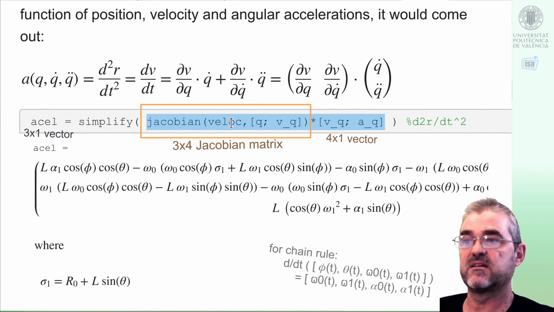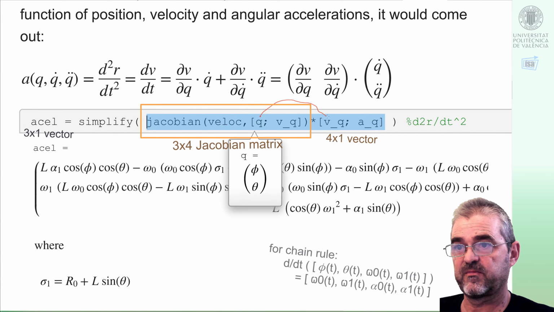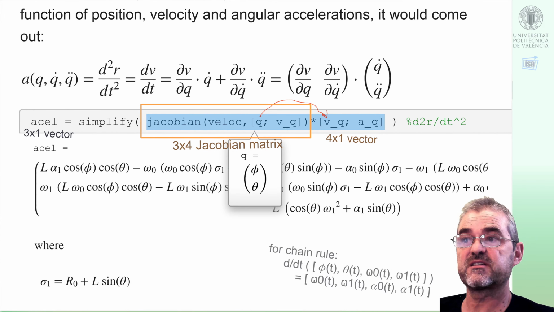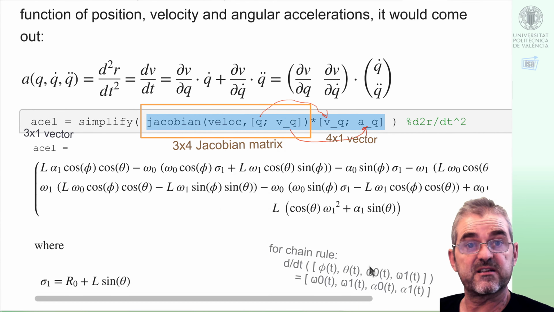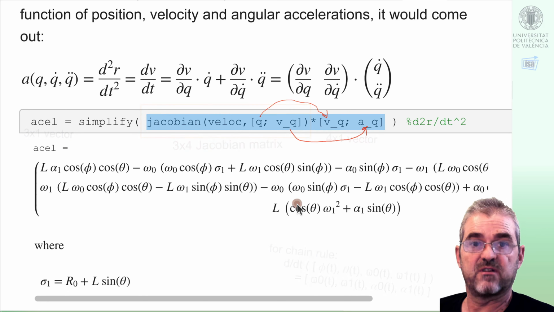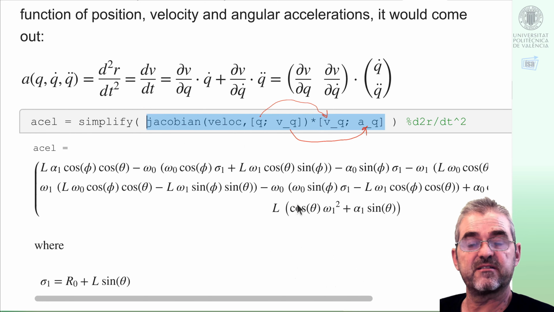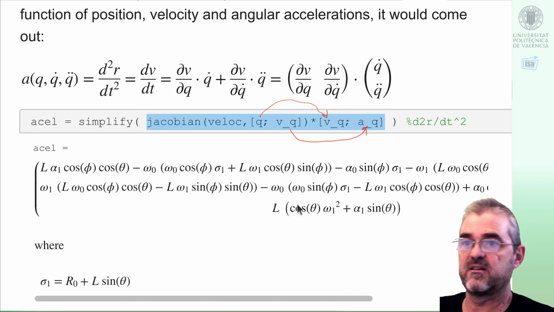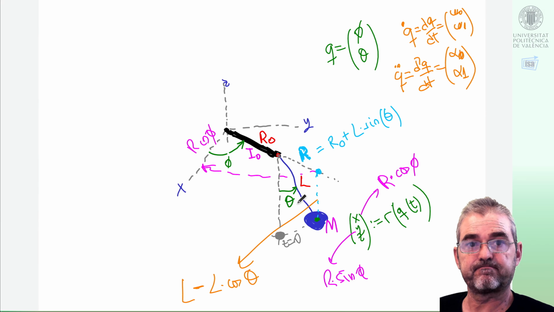So I take the partial derivatives of the velocity with respect to positions and multiply by velocities, and the partial derivatives of the velocity with respect to angular velocities, and I multiply them by accelerations, so we end with this horrible stuff that defines the acceleration of the suspended mass as a function of the position, velocities, and acceleration of the angular coordinates I'm using to describe my motion.